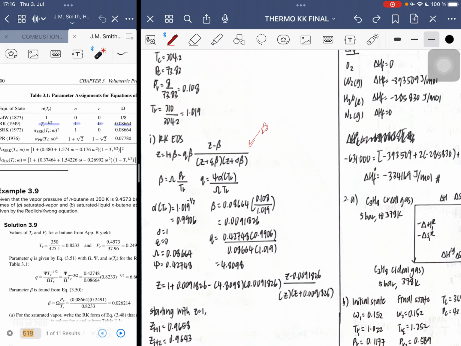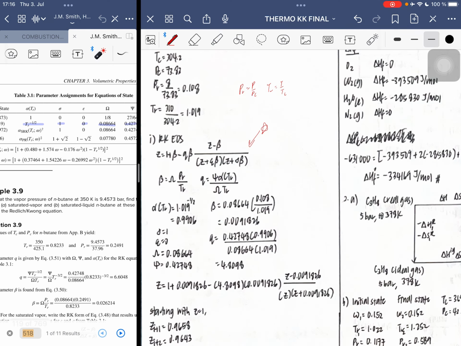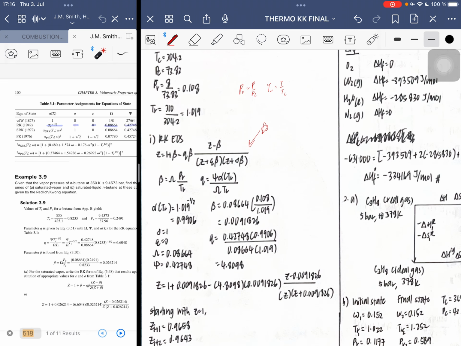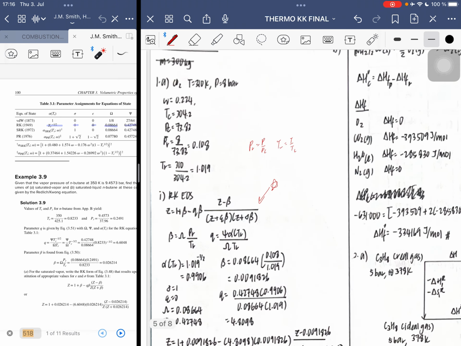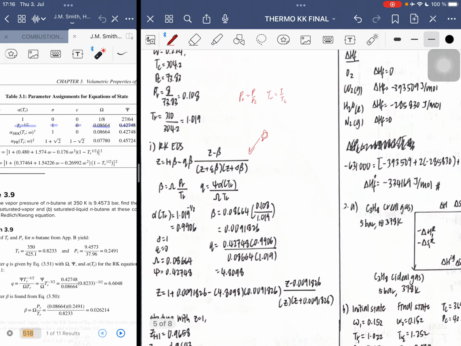PR is P over PC, and TR is T over TC. Omega you can find from this table, and since they want RK, Redlich-Kwong, it's here.